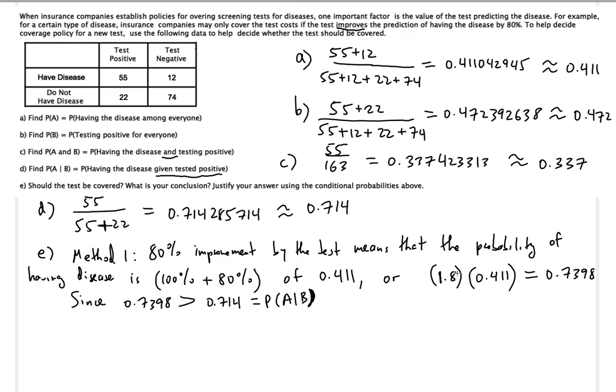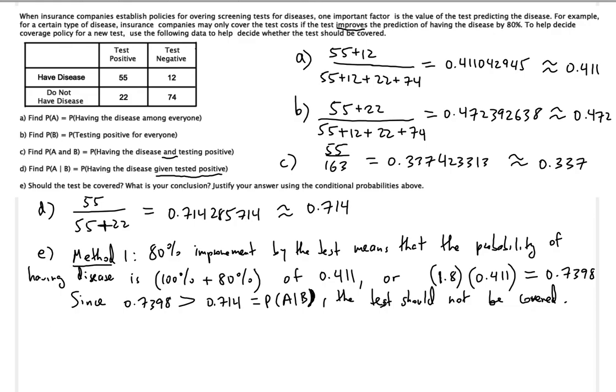But the 80% improvement from the general probability of having the disease is 0.7398, right? That's the desired probability in order for the test to be covered. And this probability is greater than the actual test probability. Since it's greater, the test probability is too small. It is not large enough. So that means the test will not be covered. The test should not be covered. Now that's the first method of solving.